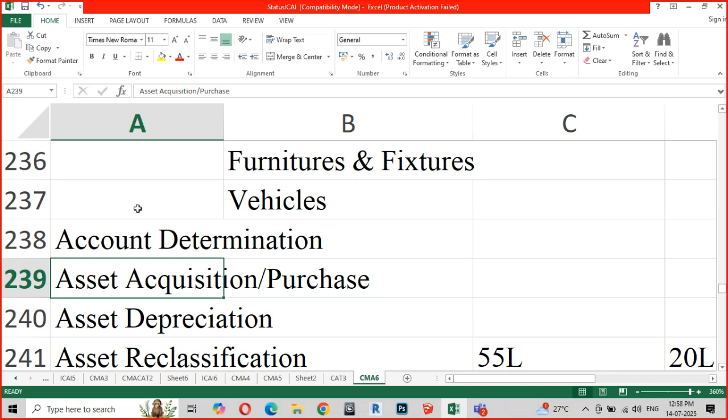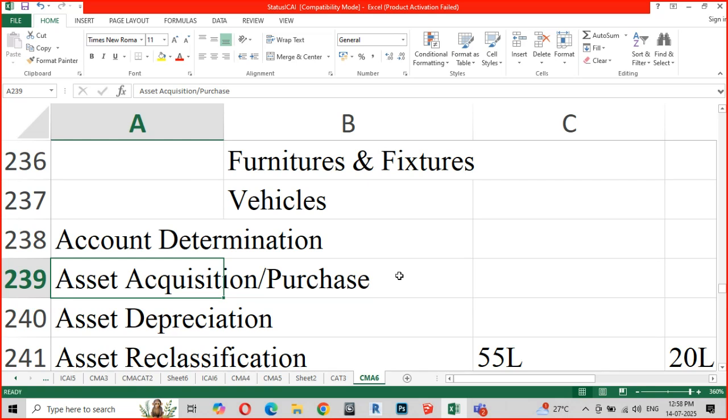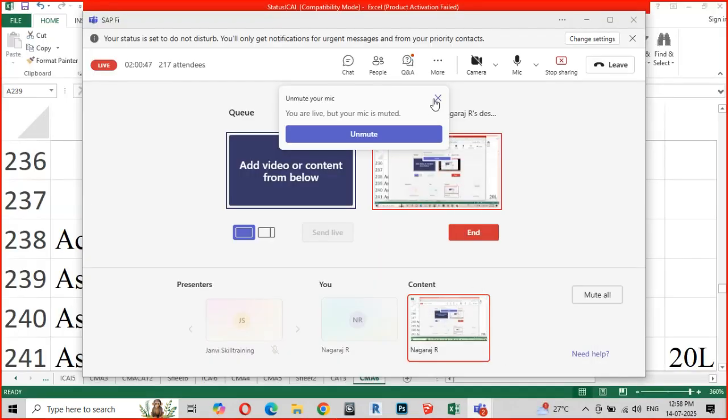You're conceptually aware of the term account determination. Clear? So I will stop talking for a couple of minutes. I'm ready to take your questions if you have any.